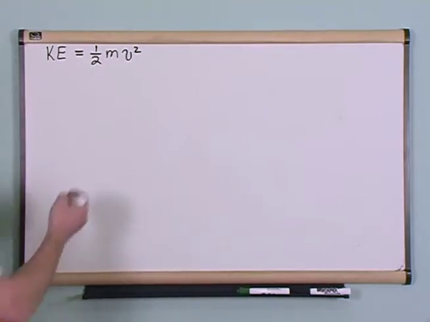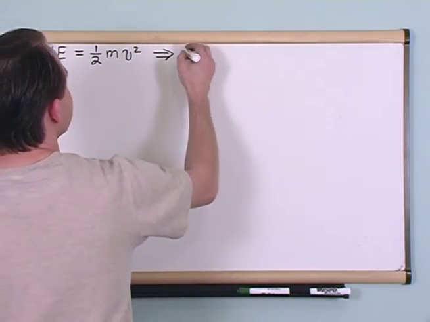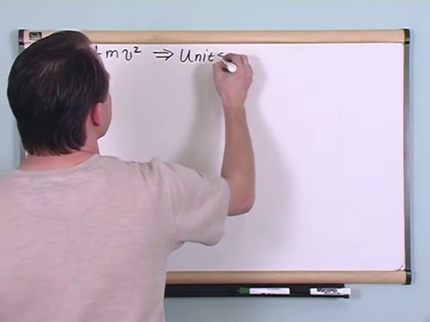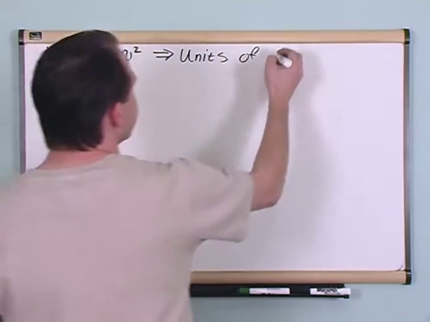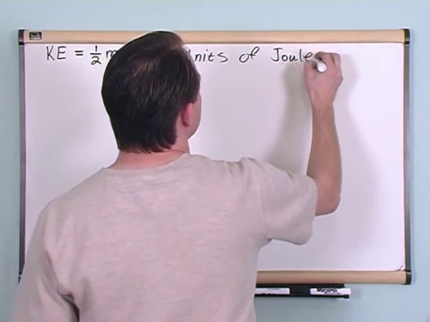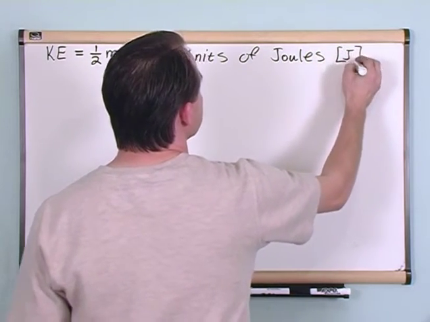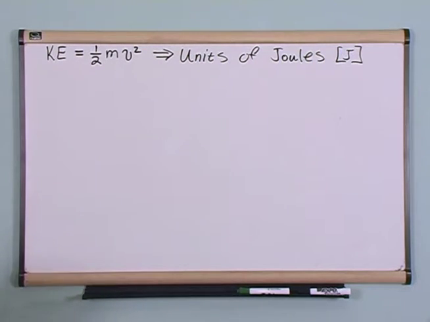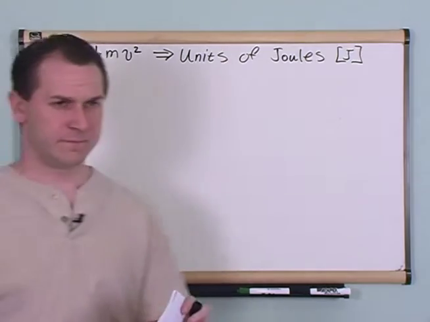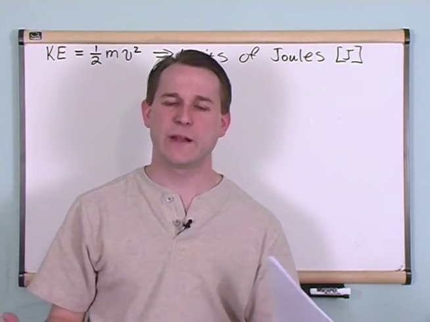So the kinetic energy has units of, and this is going to probably blow your mind, joules, which, if you remember, is the exact same unit that work had. So you might say, well, aren't they different? Why do they have the same units?